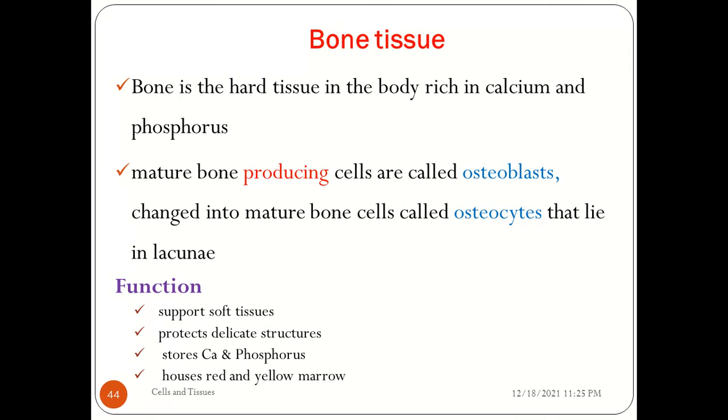So the third type of connective tissue is bone tissue. Bone is a hard connective tissue in the body, rich in calcium and phosphorus. Mature bone-producing cells are called osteoblasts. Osteoblasts change into mature bone cells called osteocytes that lie in the lacunae.